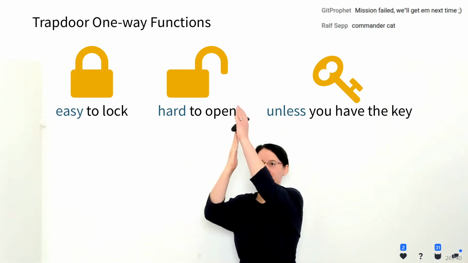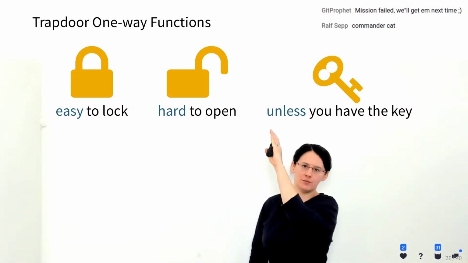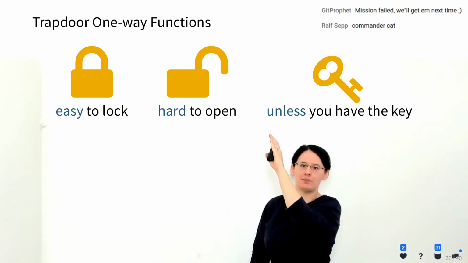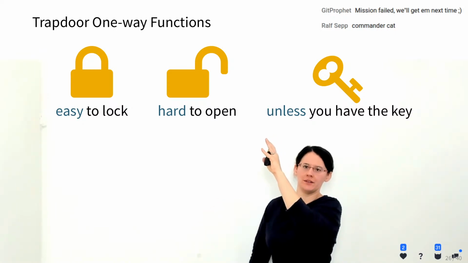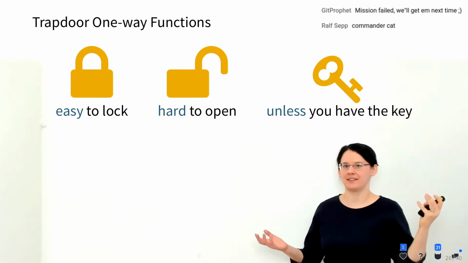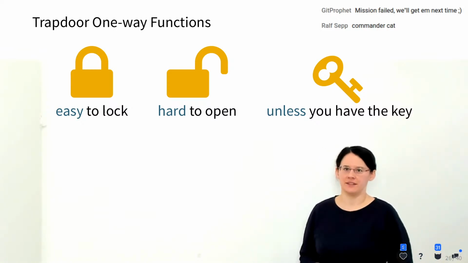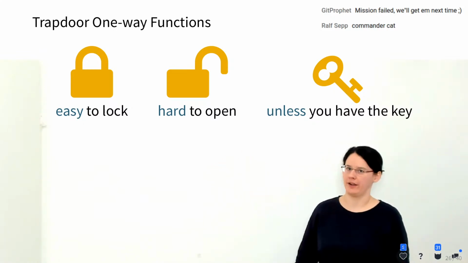So up to here, this describes a one-way function, but what we need specifically in asymmetric cryptography is a trapdoor one-way function, which means it is hard to invert, it is hard to open, unless you know the trapdoor information. So the secret access, or the secret key, which allows you to open something even though it's hard for everybody else.